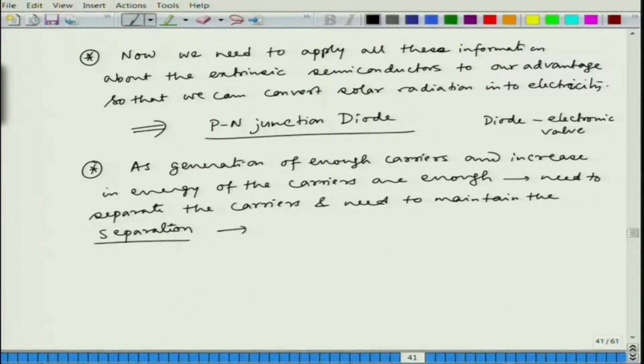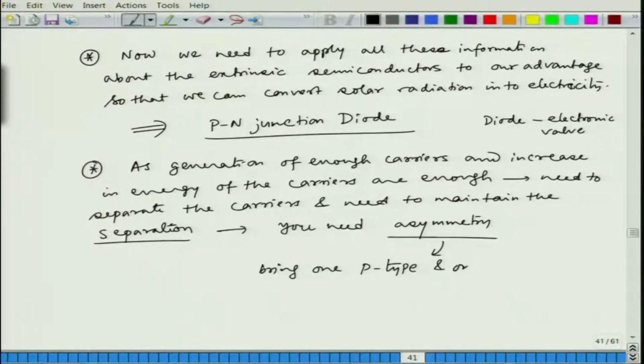Okay. So, you need some asymmetry, otherwise this separation will not be generated and maintained. Okay. So, this asymmetry is generated when you bring one p type and one n type semiconductor in contact.